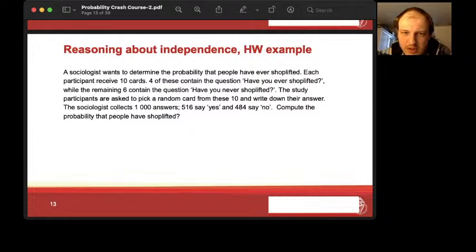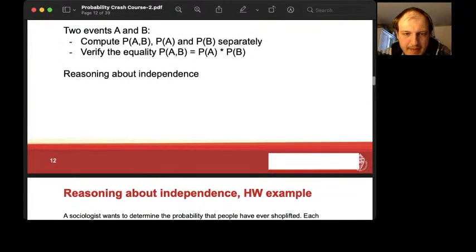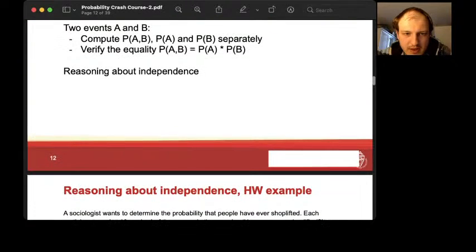So if this holds, then basically knowing A or B doesn't give you any information about the other one. You can think of it like that, because if they had some overlap, then that joint probability will be less.